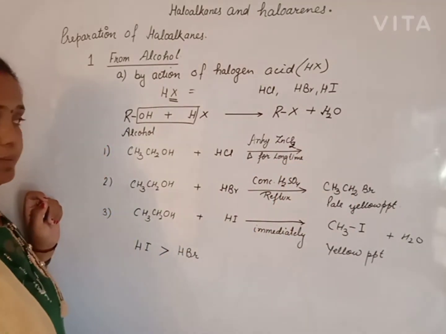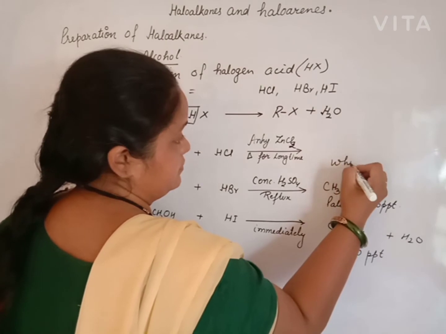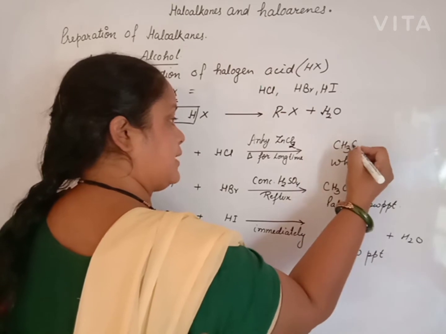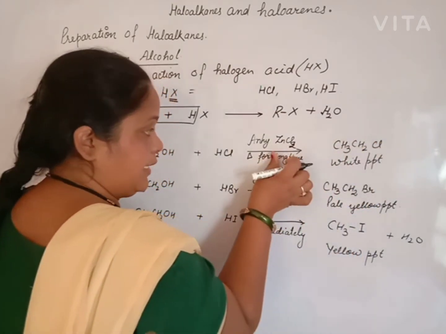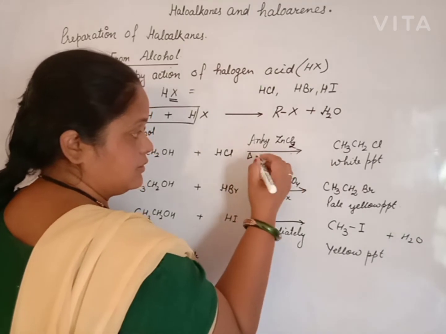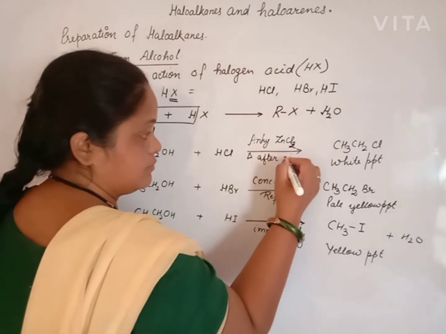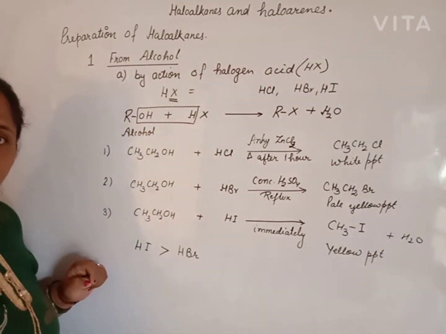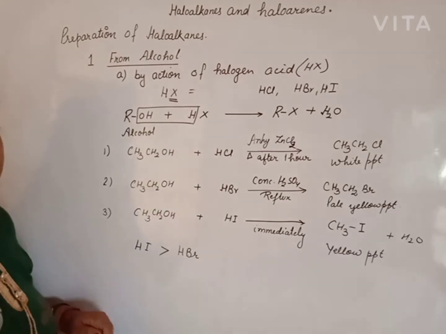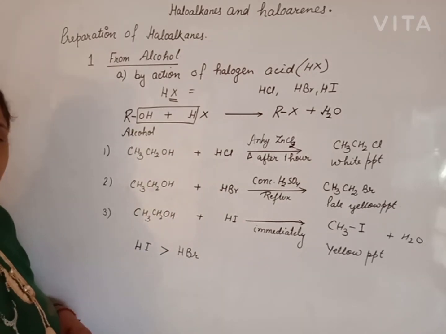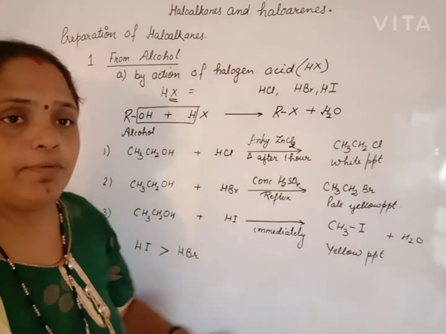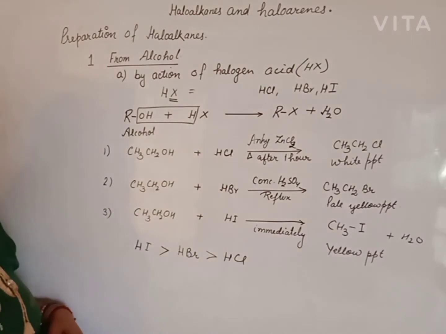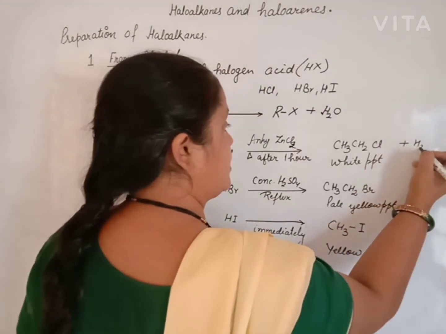White precipitate of chloroethane will be obtained after 1 hour. That means it also reacts, but its reaction is very slow. And water is the side product in all the cases.